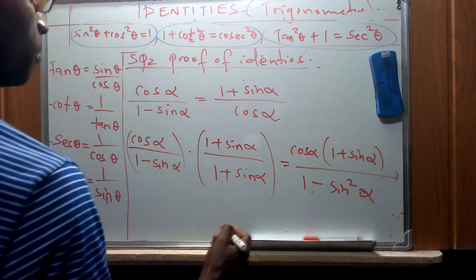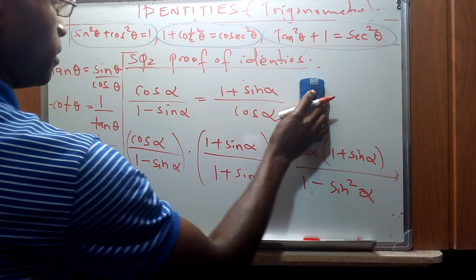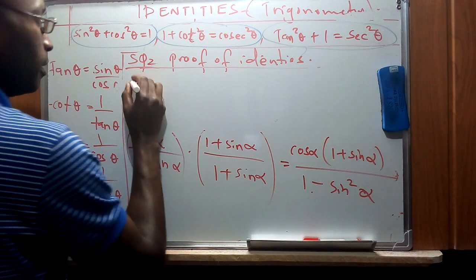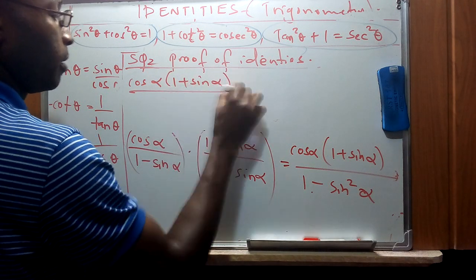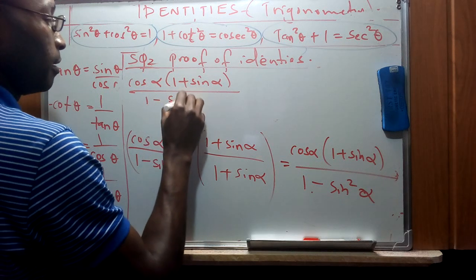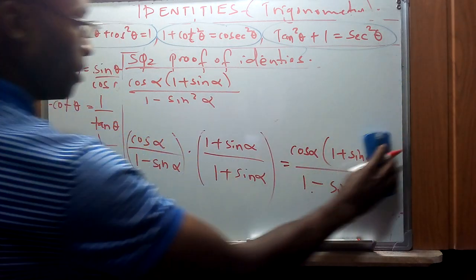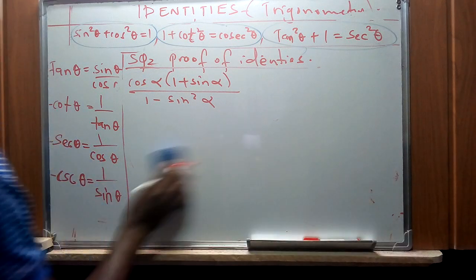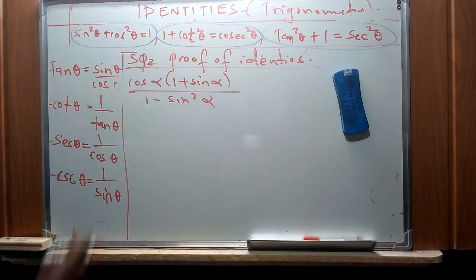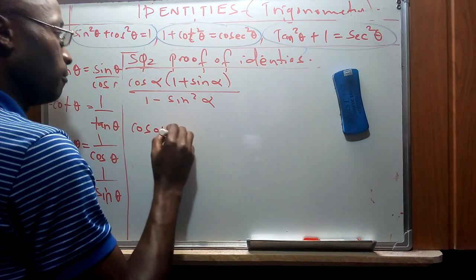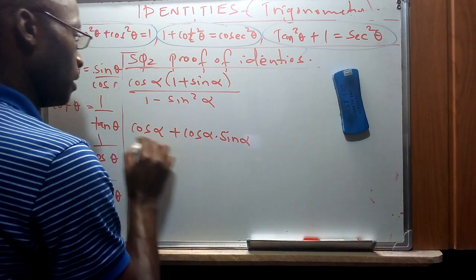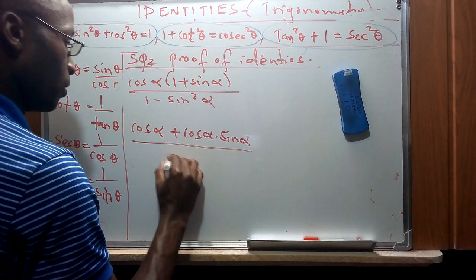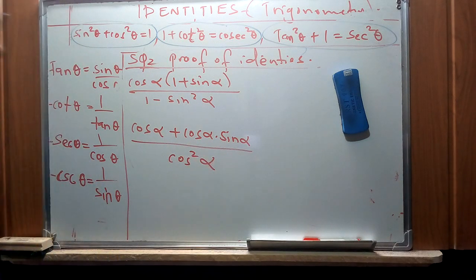So I'm going to have cosine alpha plus cosine alpha sine alpha all over cosine squared alpha.